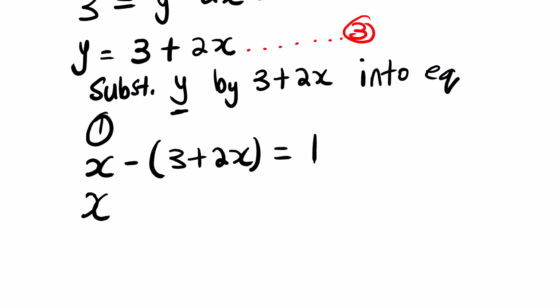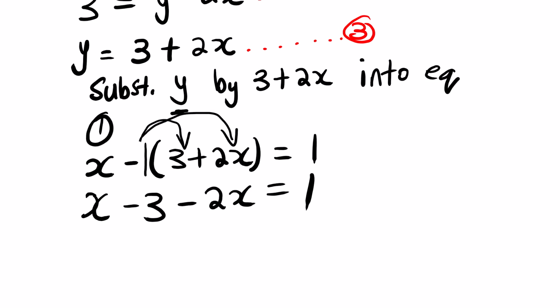Then we simply solve this. This negative, we know that we have negative 1. Negative 1 multiplied by positive 3, it's negative 3. Negative 1 multiplied by positive 2x is negative 2x, is equals to 1.